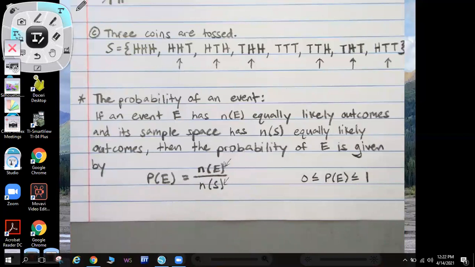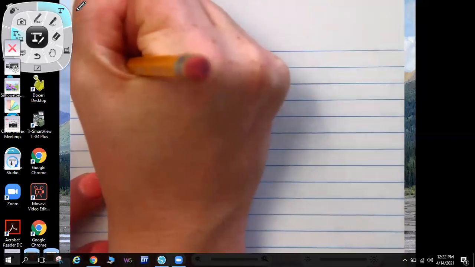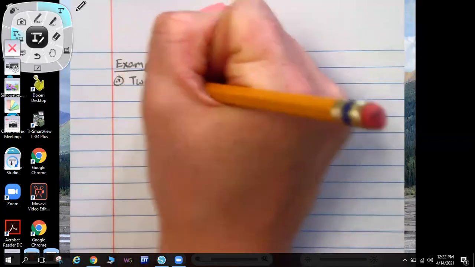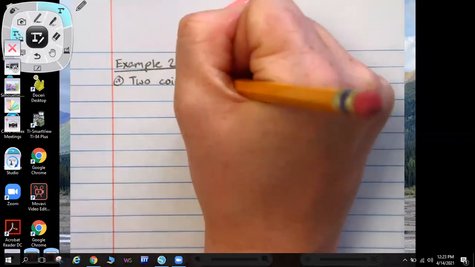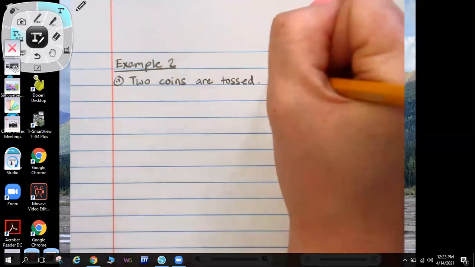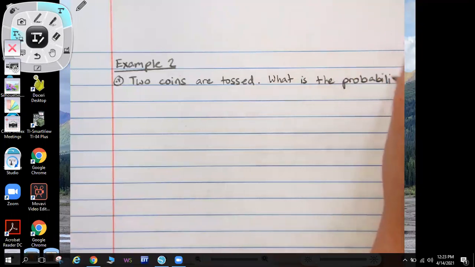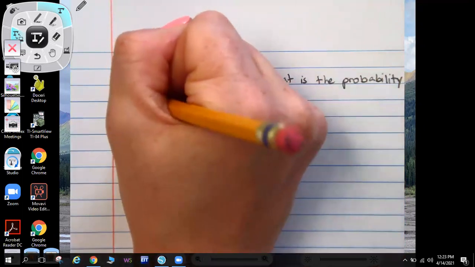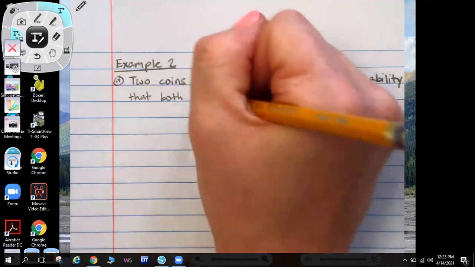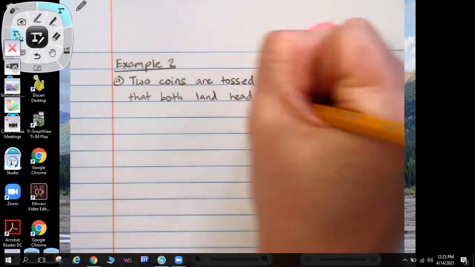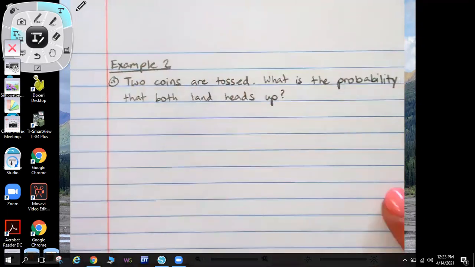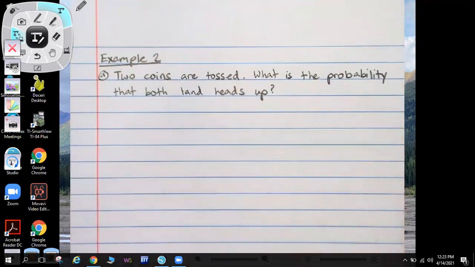Okay, we're going to look at another example. So this will be example 2. Here's part A. 2 coins are tossed.